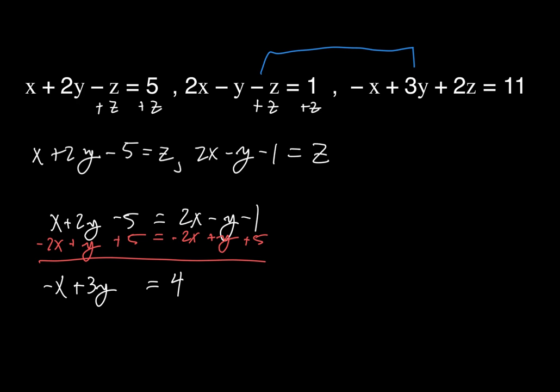Since I already have this one solved for z, I'm going to solve this one for z. To solve it for z, I'm going to move the z over to that side and the 11 over to this side. And I'll have negative x plus 3y minus 11 equals 2z. Divide everything by 2. Negative x over 2 plus 3 over 2 y minus 11 over 2 equals z.